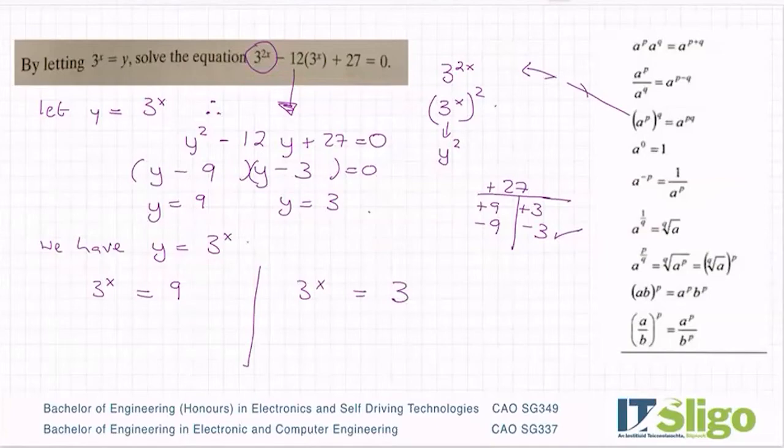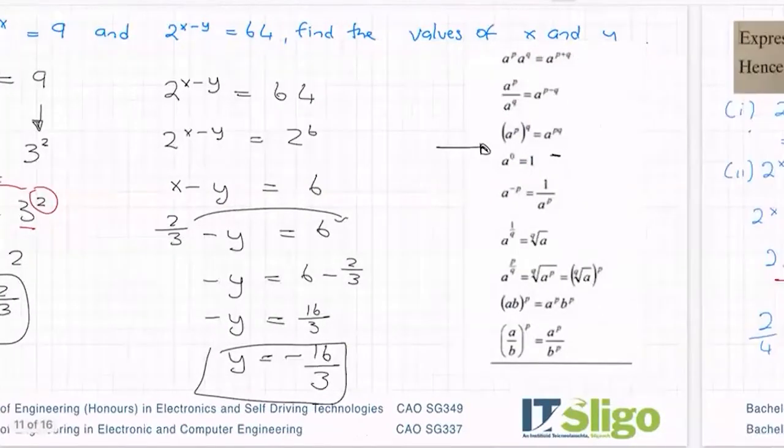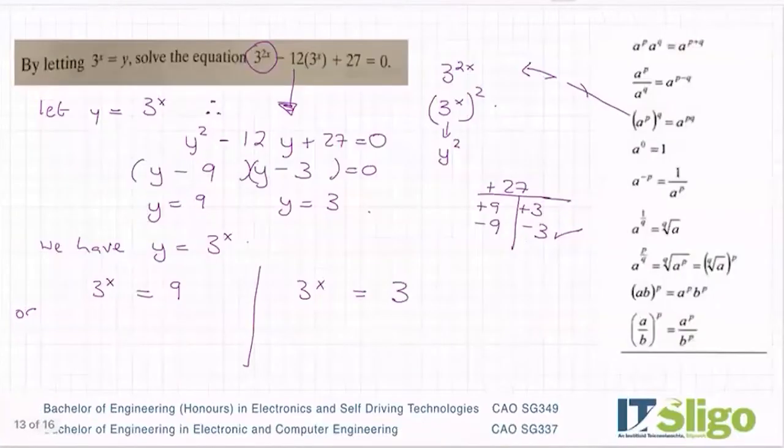You could use logs to solve it, or a little bit like what we were doing last week, where we made the base number the same. I'm going to do the base number being the same in this case. So 3 to the power of x is the same as 3 squared.